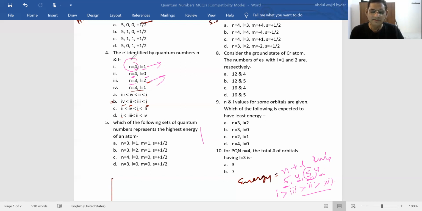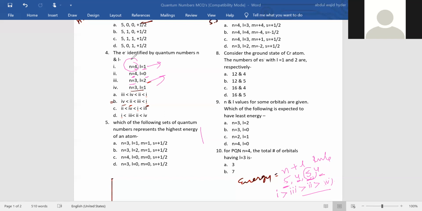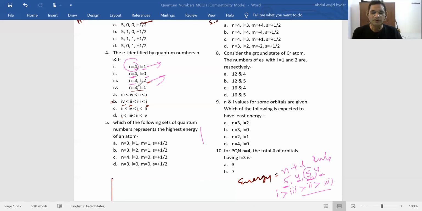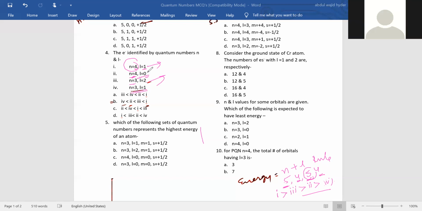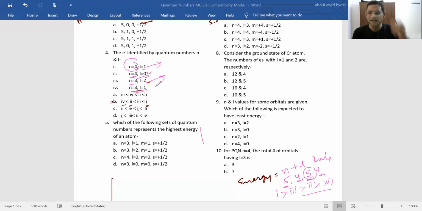This is having the higher n value, so it will be having more energy. Now see here, 4 plus 0 is 4, and this 3 plus 1 is equal to 4. Both will be having the same energy. Which will be having the higher n value? This will be, so it will be having higher energy. So the first is having the highest energy, then third, then second, then fourth is having the least energy.